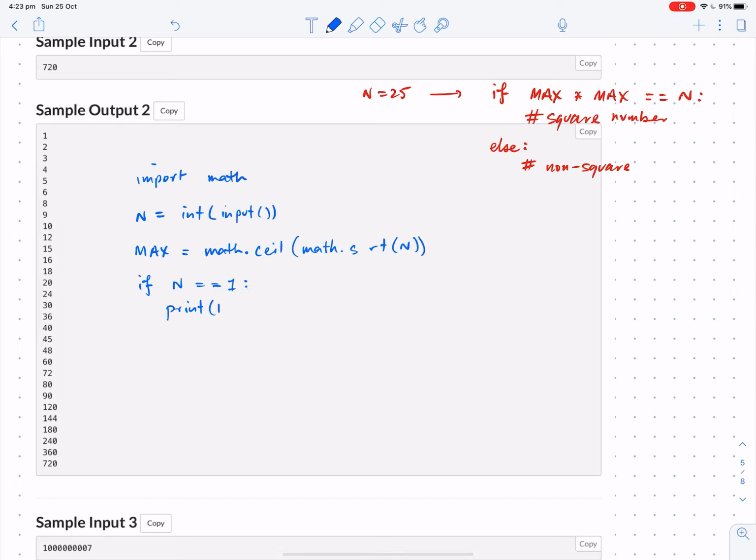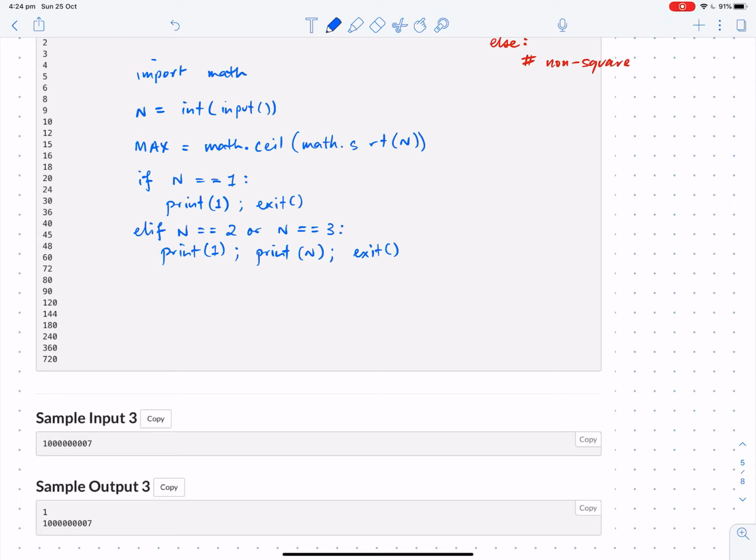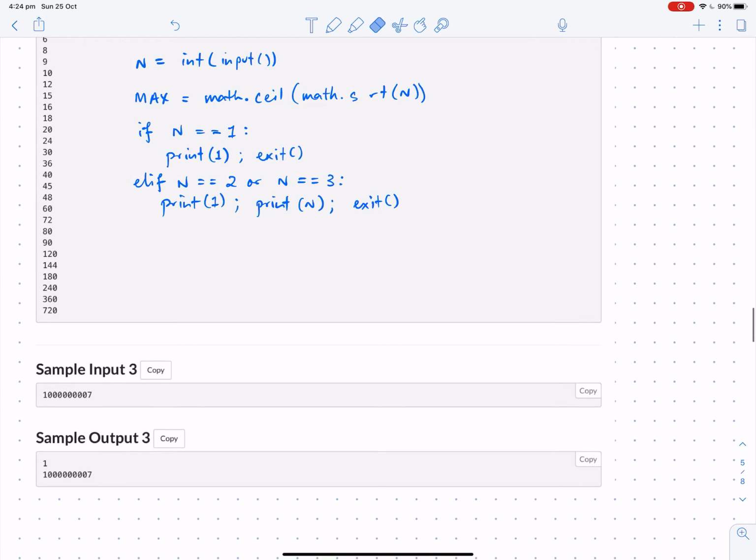Okay, so I'm doing a specific answer for very small numbers, 1, 2, and 3. And right, now we'll get into, okay, I don't need an else because if we hit one of those, we exit. So now let's just get on with it.